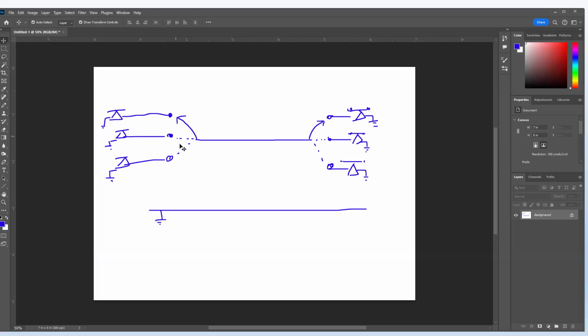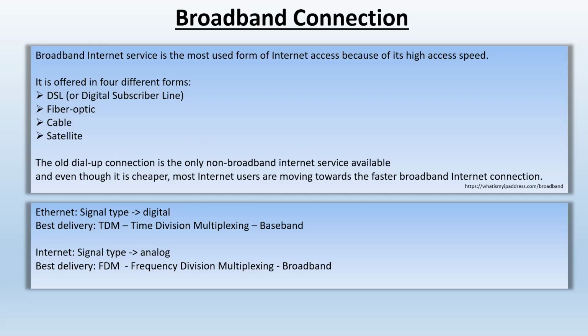This will be the baseband. One at a time through the pair of wires, but because it's switching very fast, it feels like you're having 3 pairs. So that's time sharing, baseband, time division multiplexing.